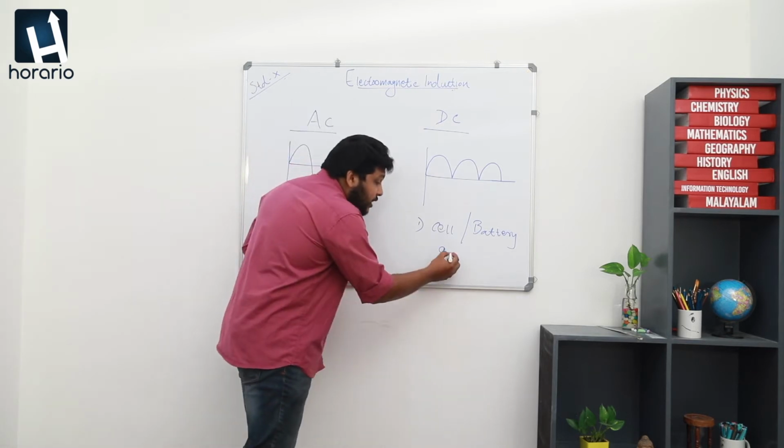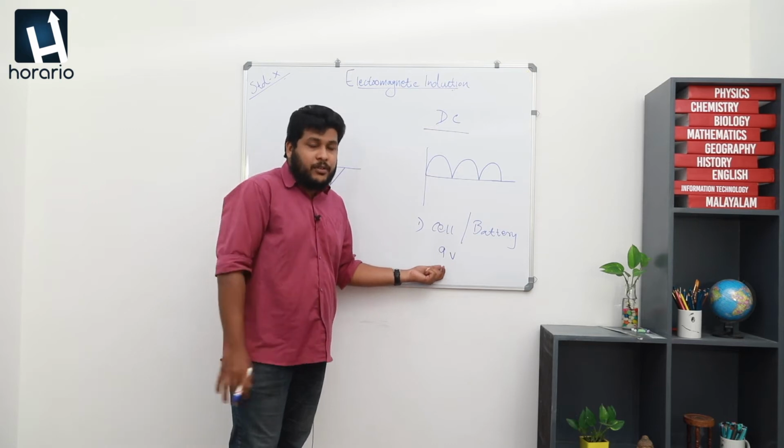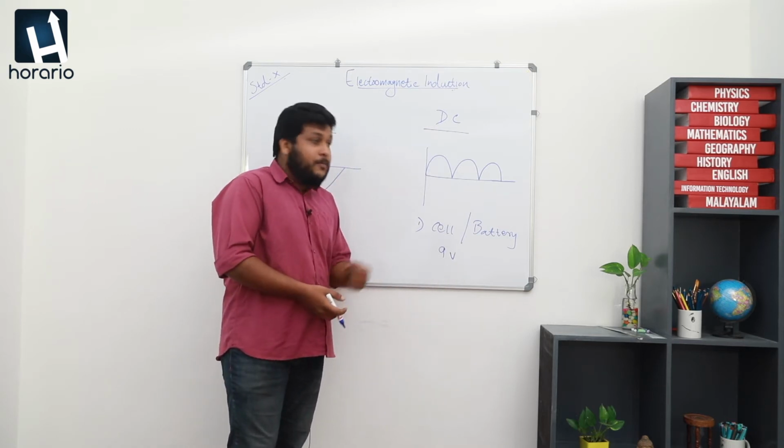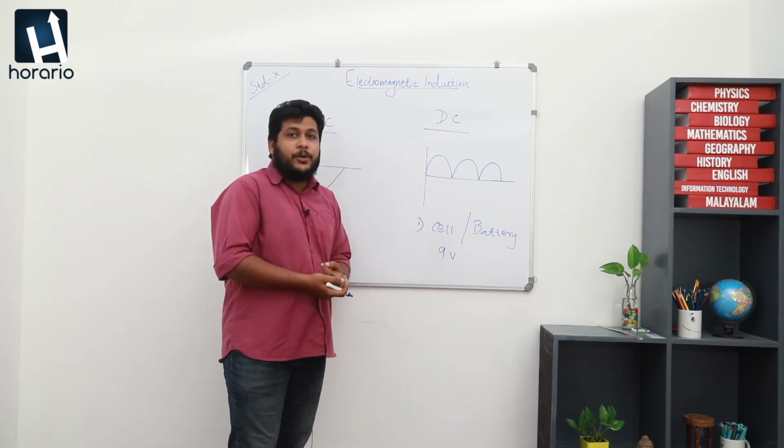If we are using a 9-volt battery, it cannot give a higher voltage. It will be limited up to 9 volts, and it is a perfect example for direct current producing equipment.